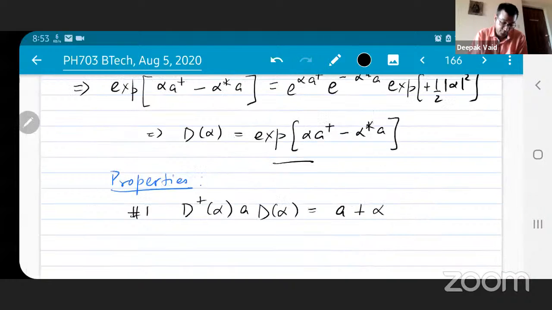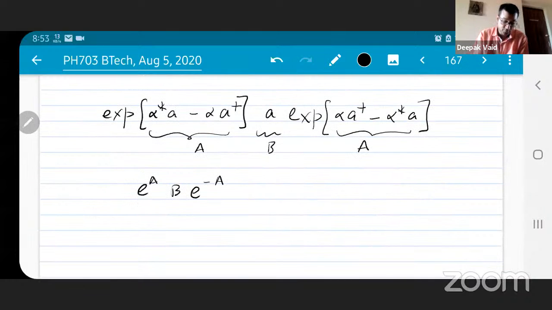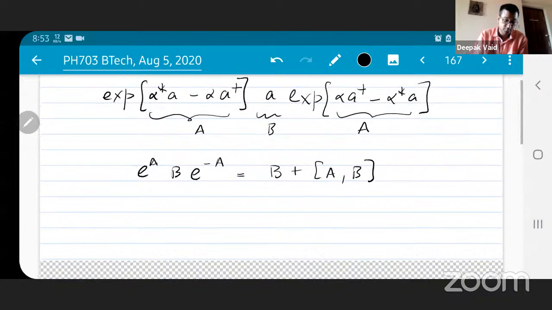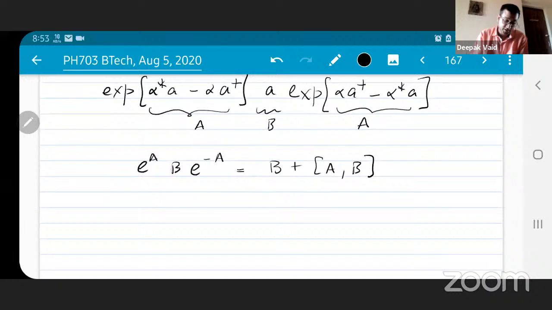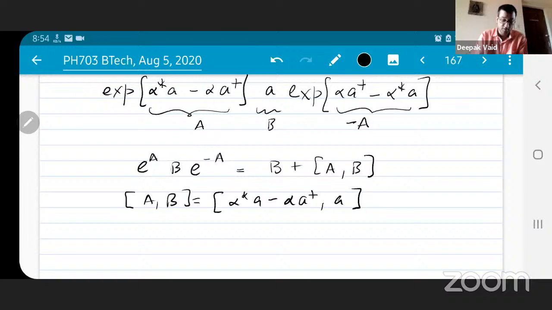This is equal to B plus the commutator of A and B. In this case, this is A, and this is minus A, this whole thing is minus A. So the commutator of A and B in this case is the commutator of alpha star A minus alpha A dagger with A. This commutator will be equal to alpha.